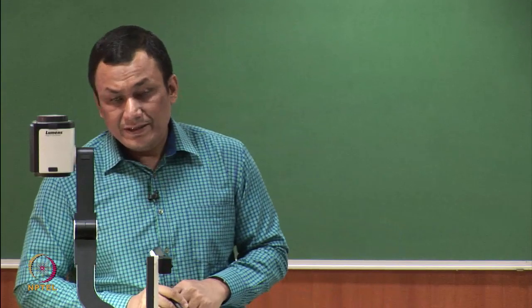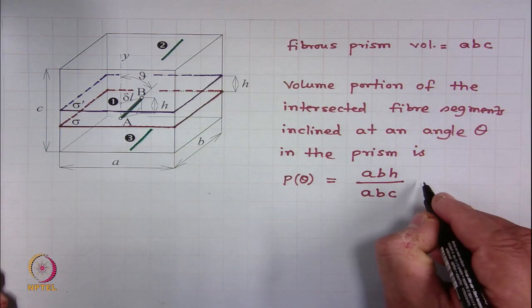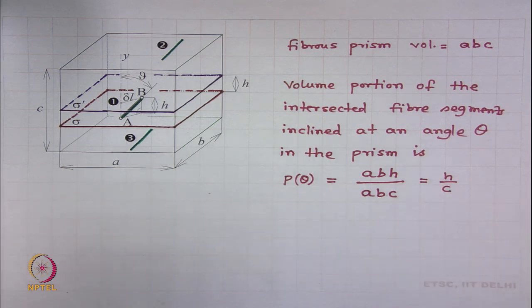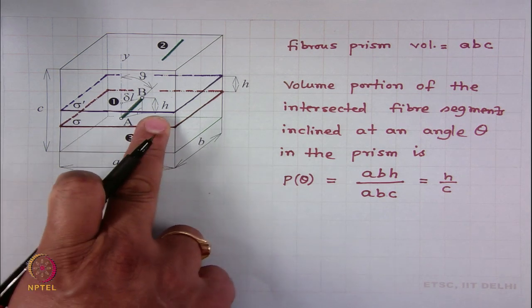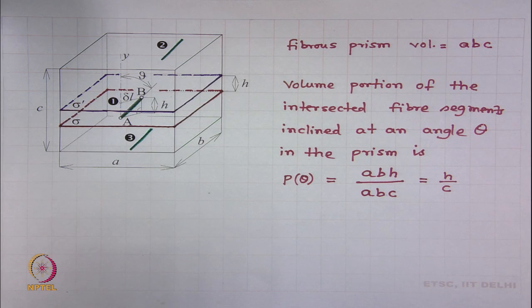So, this A and B are cancelling out, we are left with H by C. What is H here? H is equal to delta L cos theta.